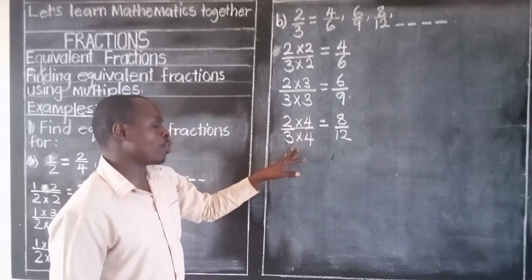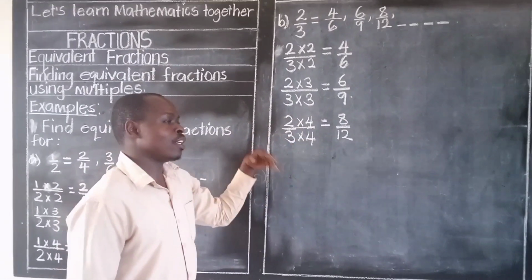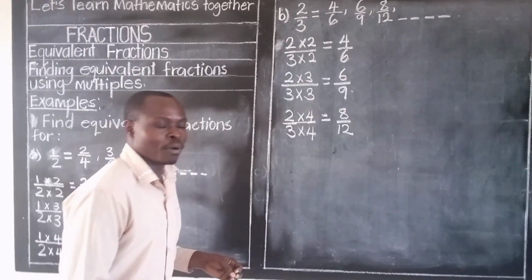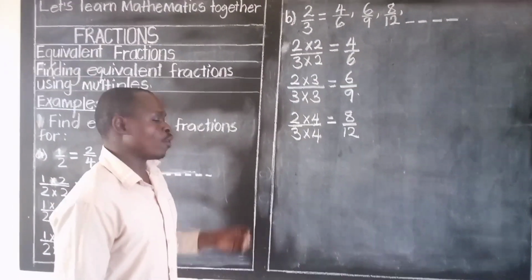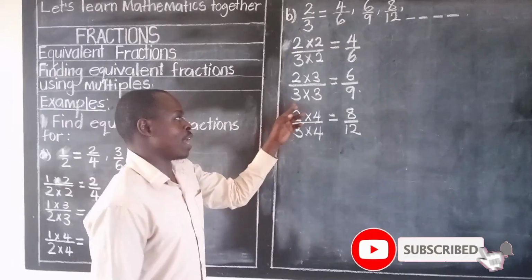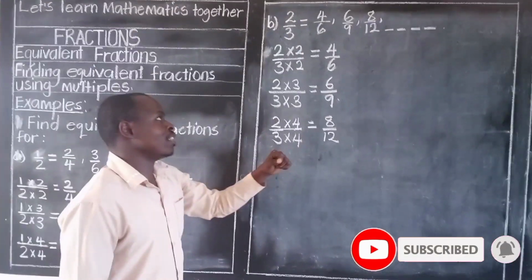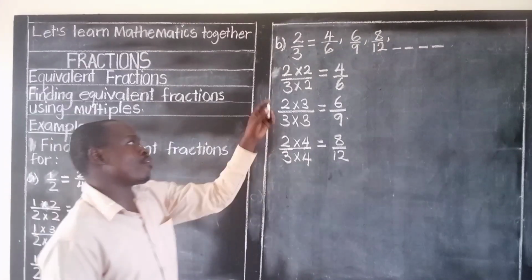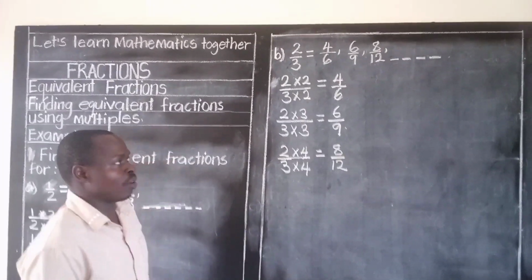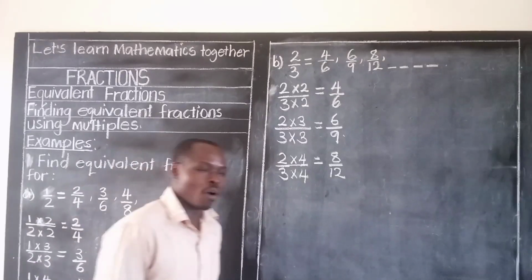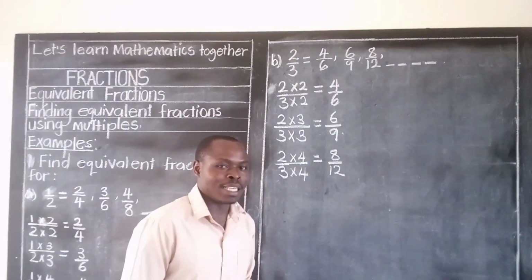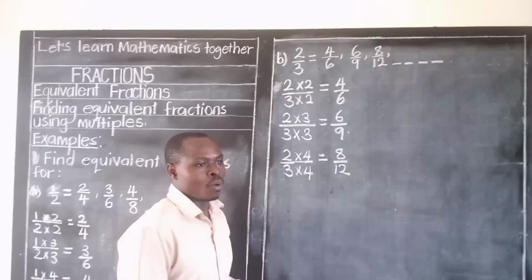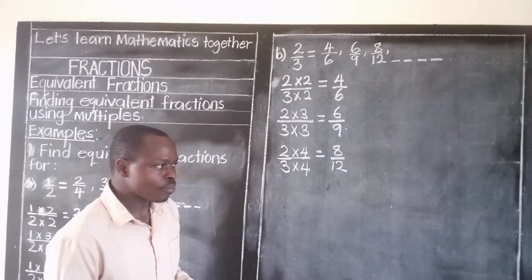You can go through these multiples using your multiplication tables at home to find out how easily you can multiply this. So this means that the equivalent fractions are 2 out of 3, 4 out of 6, 6 out of 9, 8 out of 12, and many others, as you can multiply them one at a time.